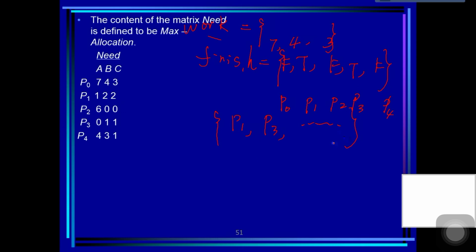And from this example, we know that the safe sequence is not unique. It can have many. Okay, so when you do the homework, or finish the experiment, the safe sequence, you only find one is okay. So this is the example.